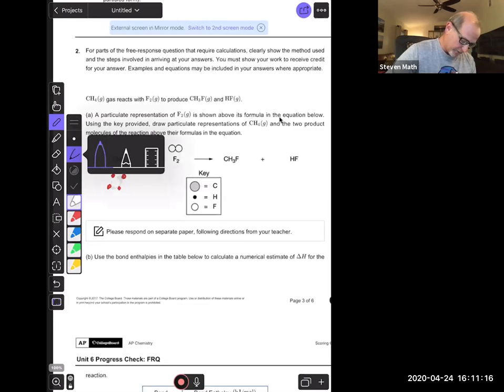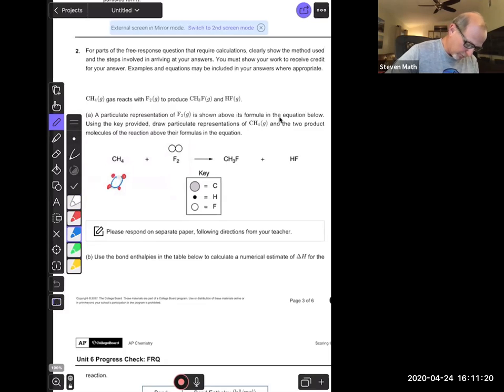I can't really get the color I want, so I'm just going to make it blue and shade them in with a line. I think we'd be okay with that.